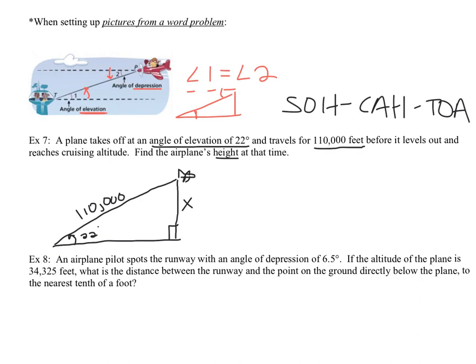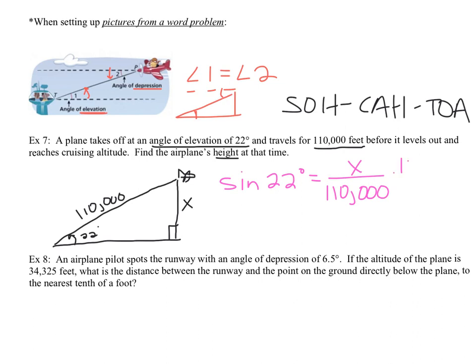Thinking SOHCAHTOA, if 22 is our reference angle, x would be opposite and 110,000 would be the hypotenuse. We would use the sine ratio. If we take sine of theta, which is 22 degrees, that would equal the length of the opposite side divided by the hypotenuse. Pretty easy to get x by itself here.